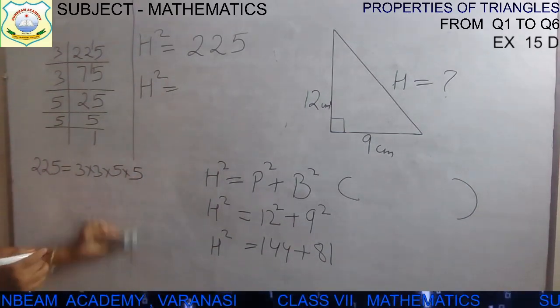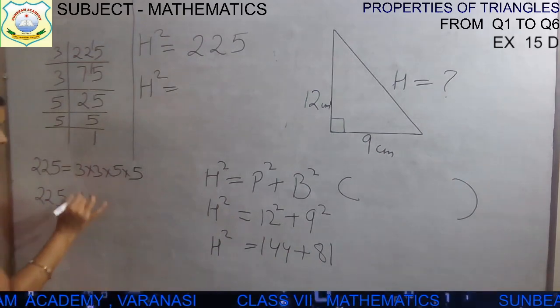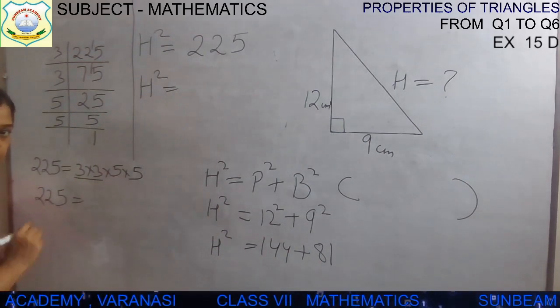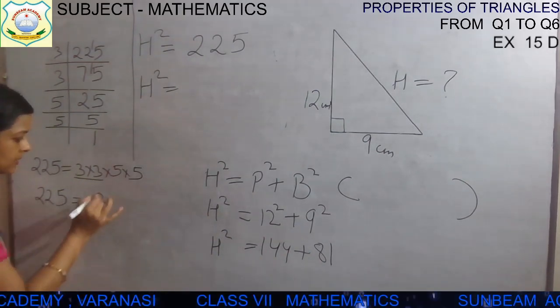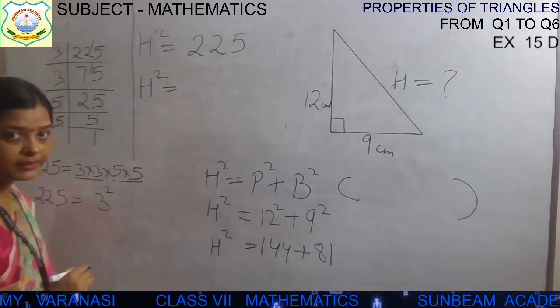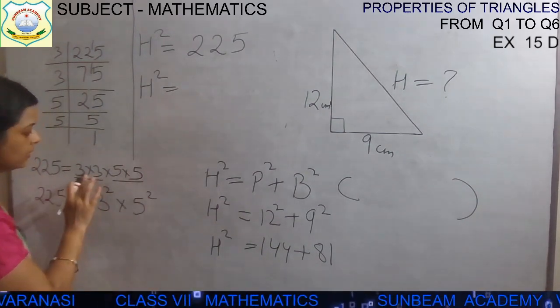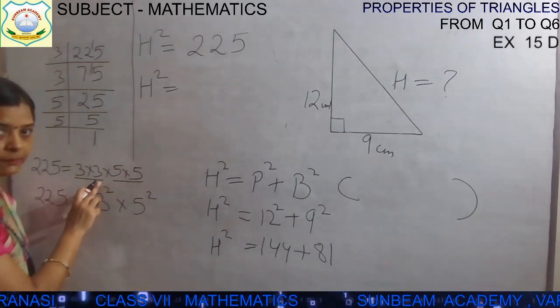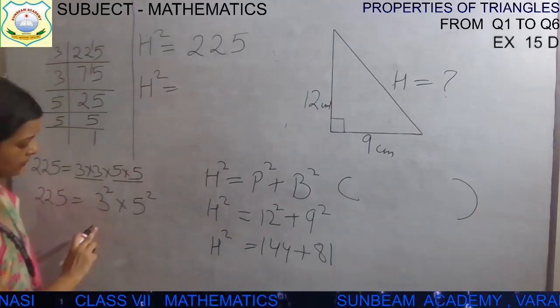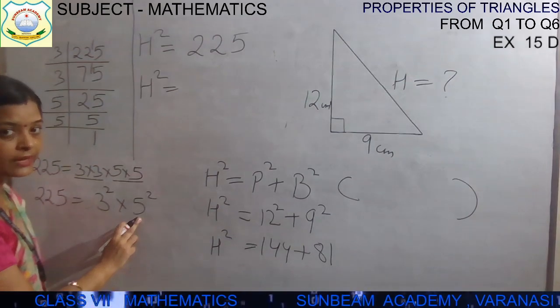Now how can we write it in the form of square? 3 into 3 can be written as 3 square, and 5 into 5 can be written as 5 square. 3 into 3, multiplied twice with itself, can be written as 3 square. And 5 into 5 can be written as 5 square.